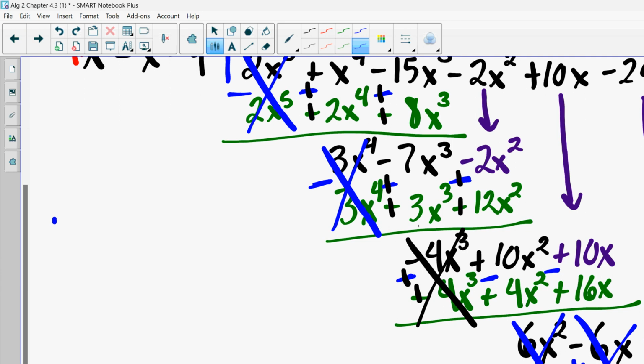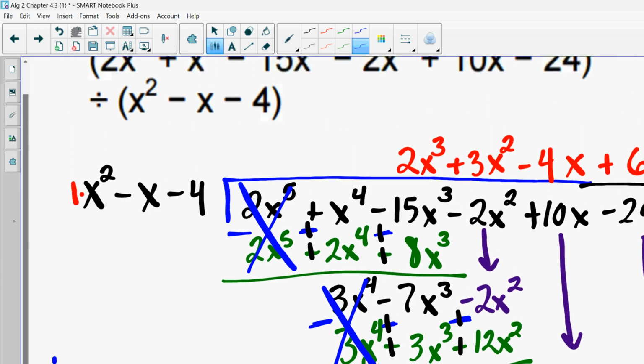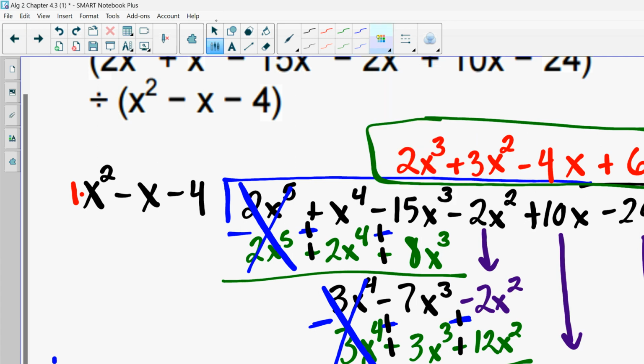So that tells us the remainder for this is 0, which means that's our final answer. We don't have to do anything else to it. That is it. Because if we added the remainder to it, all we would be adding would just be plus 0 over our x squared minus x minus 4.